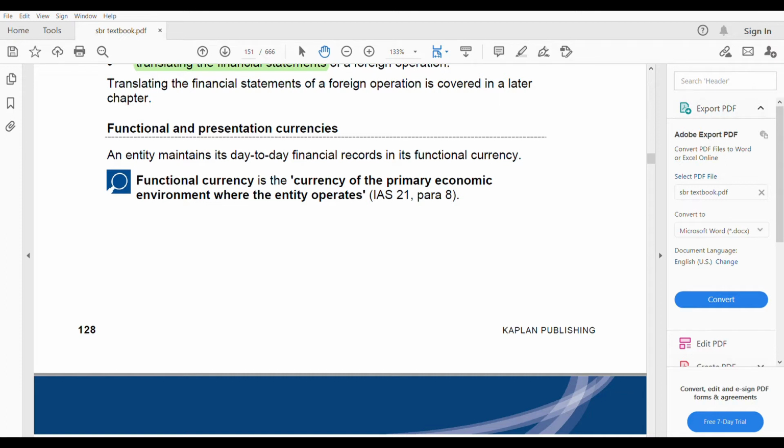Okay, so a functional currency is the currency of the primary economic environment where the entity operates. Okay, for example, you are operating in the US, your functional currency will be the US dollar, primarily where you are operating. Okay, that is your functional currency.